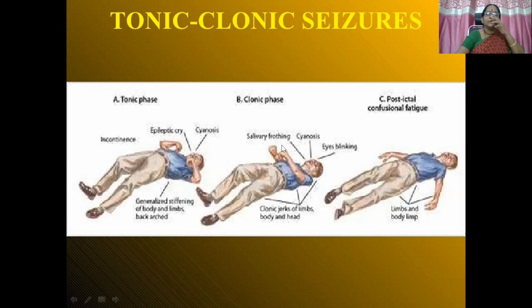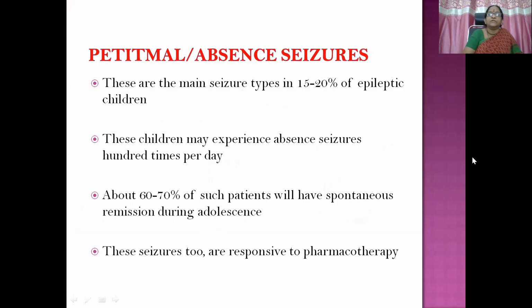Then salivary frothing and cyanosis, and eyes even blink repeatedly together. Then this is post-ictal confusional stage. There the patient will be losing consciousness, and he's not aware of what has happened sometimes. And this is majorly associated with depression and fatigue also. So that is grand mal epilepsy or generalized seizures.